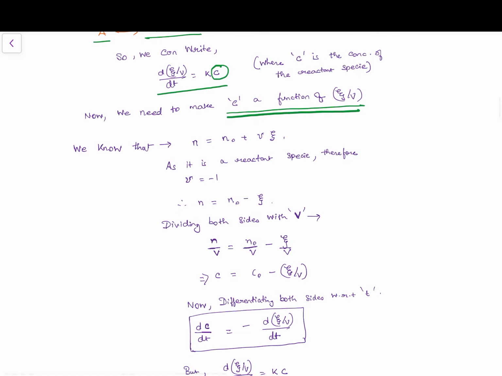So we know that n is equal to n0 plus mu epsilon.